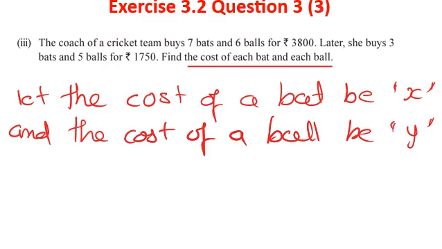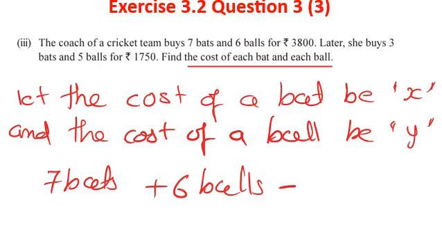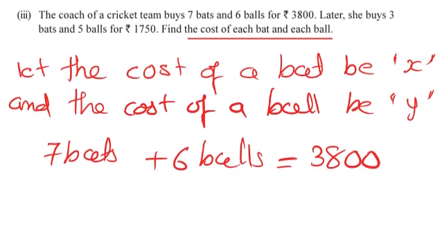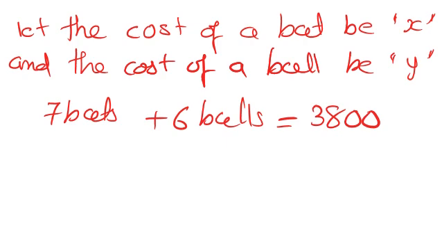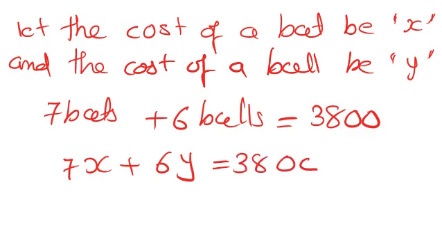Then 7 bats plus 6 balls is equal to 3,800 rupees. So here it becomes 7X plus 6Y is equal to 3800. This is my equation number 1.